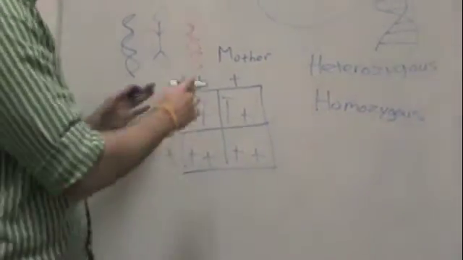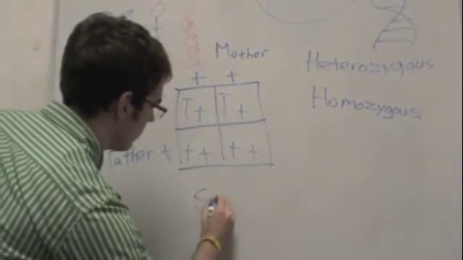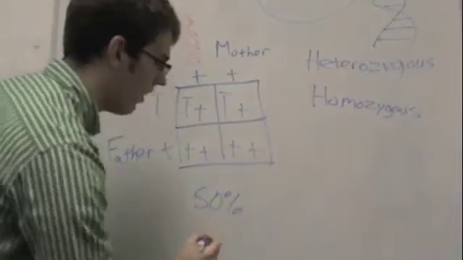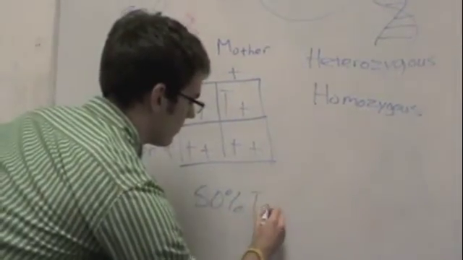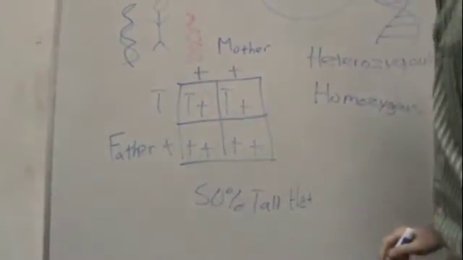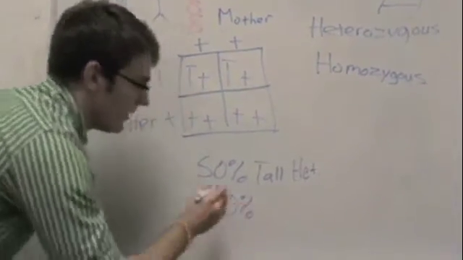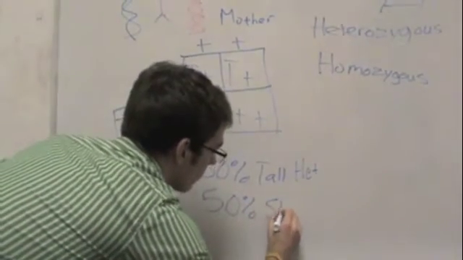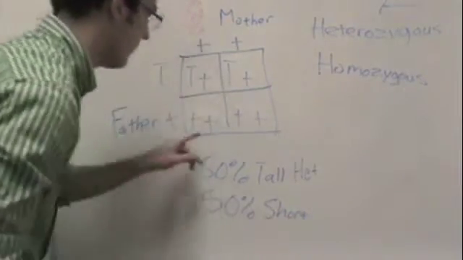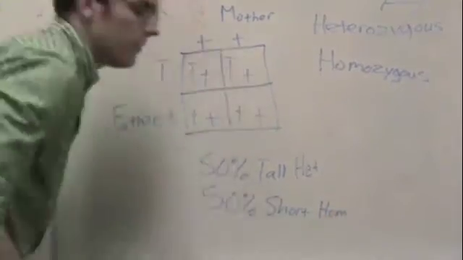So from your mother and your dad, there will be 50% that will be tall and heterozygous. So let's just say HET for short. And then there's going to be 50% that are going to be short, but they're going to be homozygous. Does that make sense?